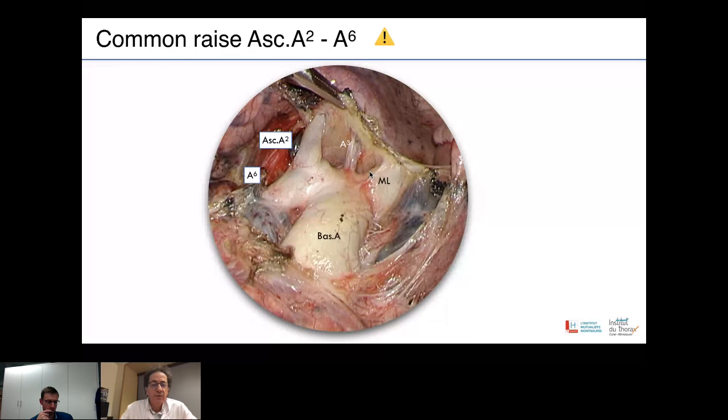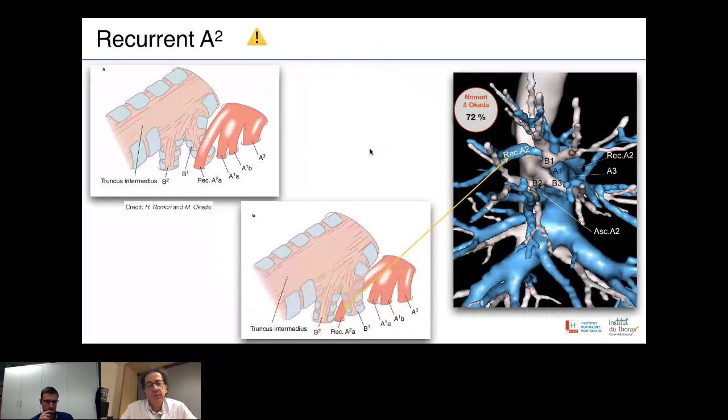Of course, you have to know the variations. Very frequently there is a common trunk between A6 and ascending A2, sometimes an artery for segment 3. And of course, what Nomori and Okada call the recurrent A2, which is extremely frequent, can be retrobronchial or pre-bronchial. And it looks like this.